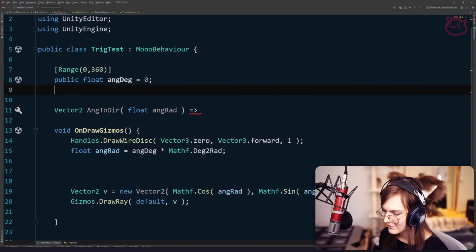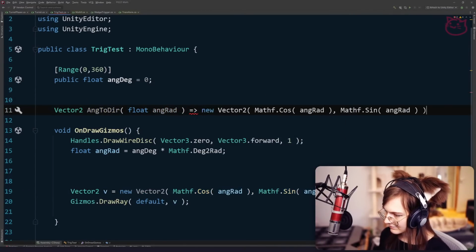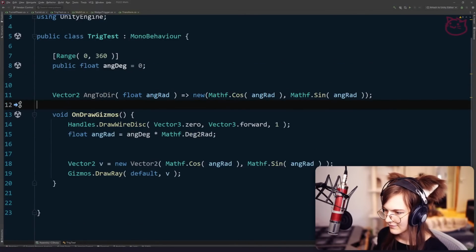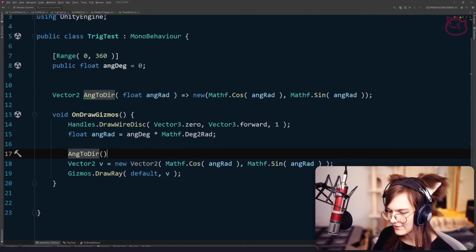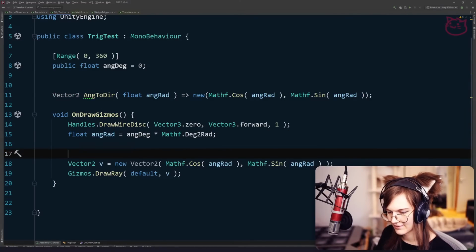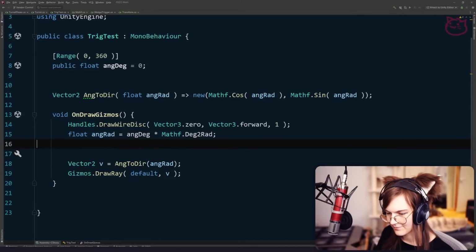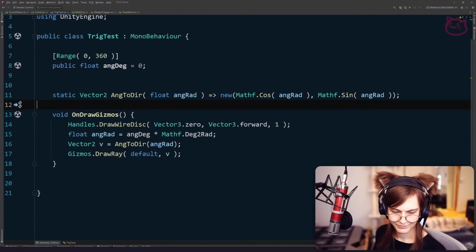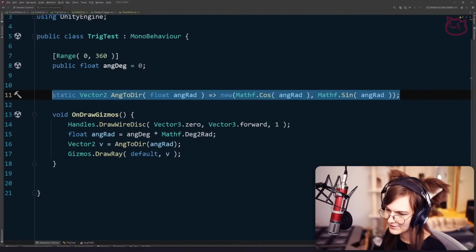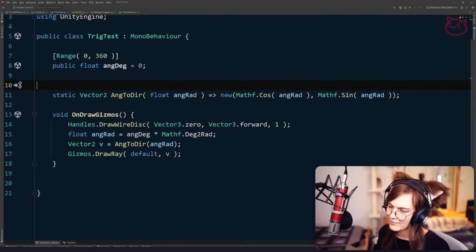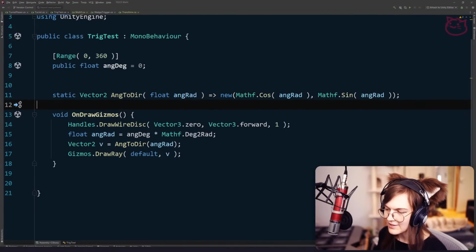Then I just return this vector. So now we can just do angle to direction. We pass in our angle in radians. And then there we go. My math library has this built in, if you don't want to write your own. But yeah, this is effectively a very, very common use case of the cosine and the sine function.